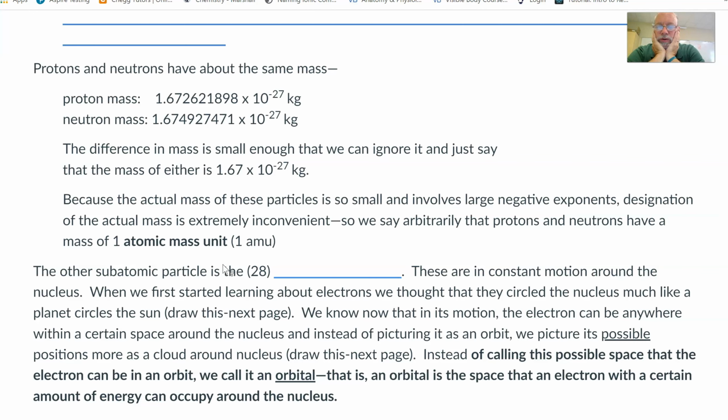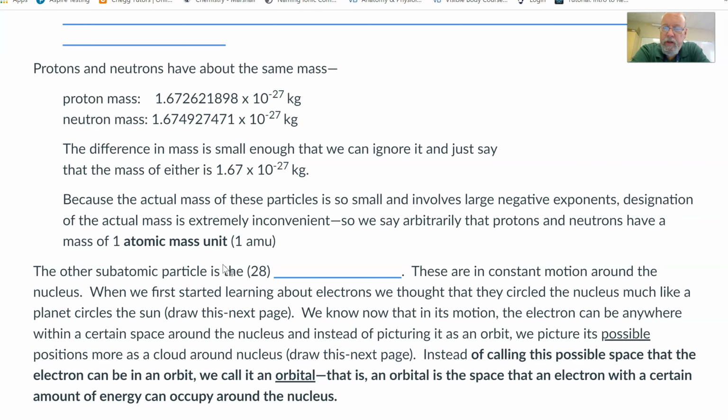So we don't. We arbitrarily give it a new name and a new unit. We call it an atomic mass unit and say that the atomic mass unit of a proton or a neutron is 1. If we just write 1 for the mass of a proton or a neutron, that's great.